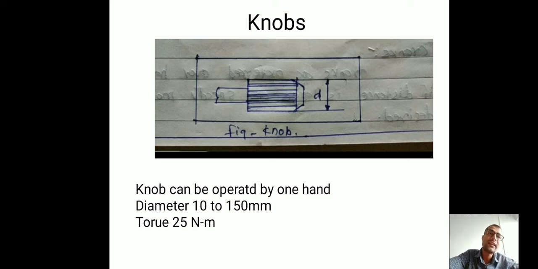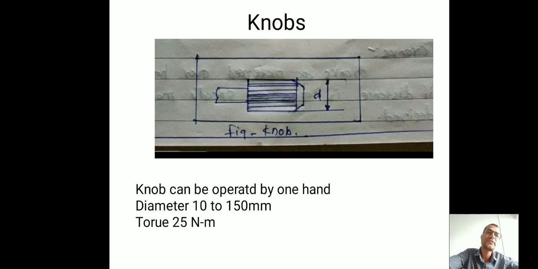And while designing a knob, always keep in mind that we have to design it such that the diameter is 10 to 150 millimeter. Because if we design in that range, then with one single hand we can easily operate. We can easily increase and decrease the volume of the sound system.